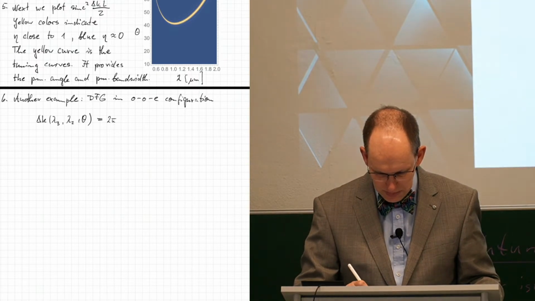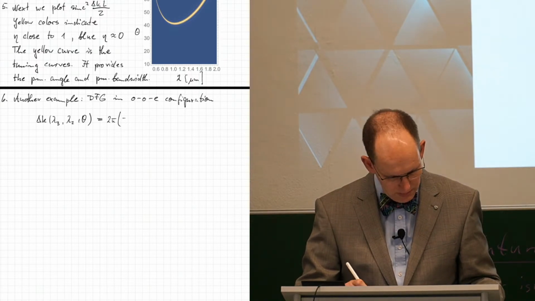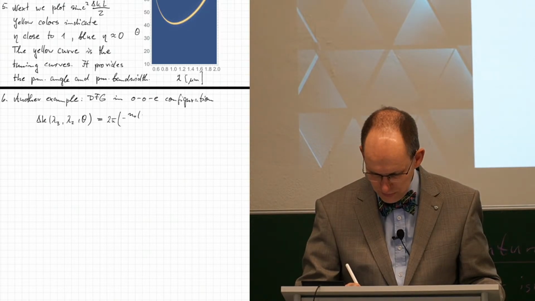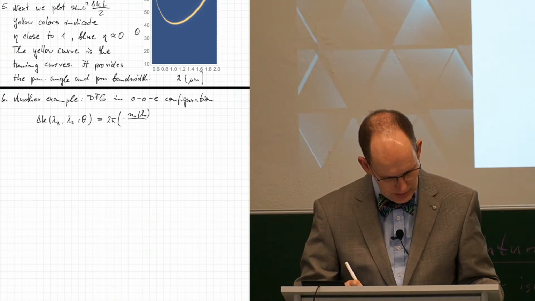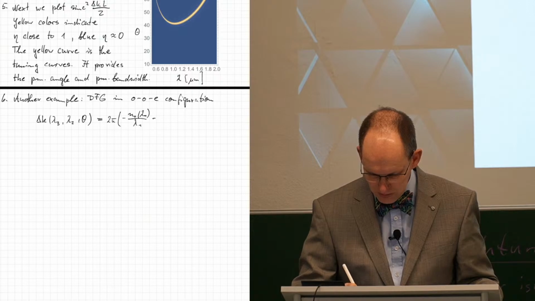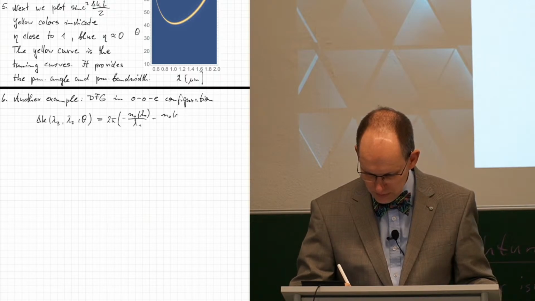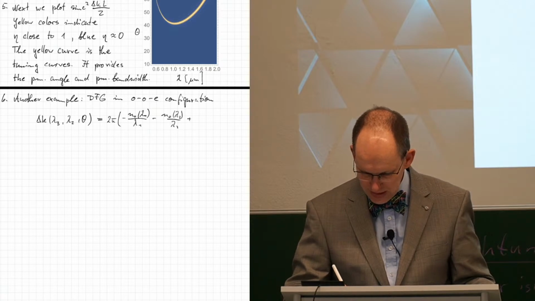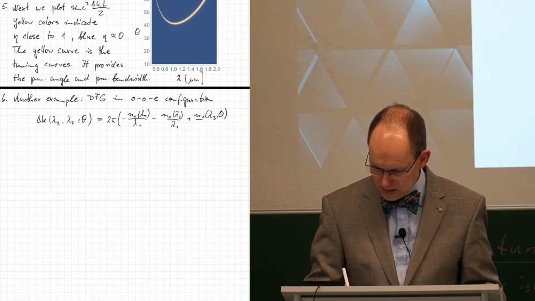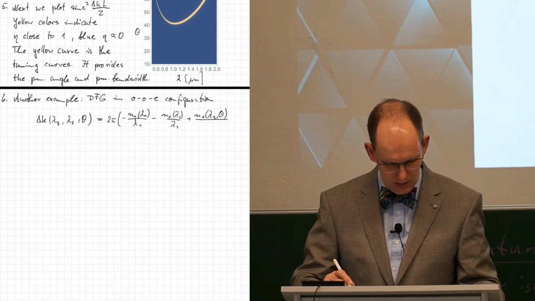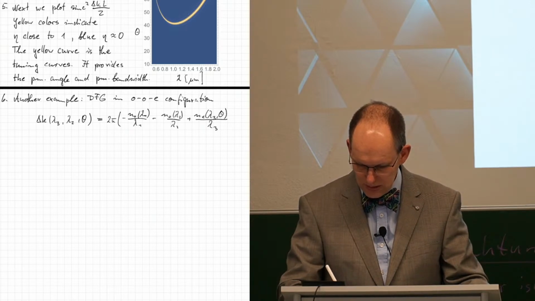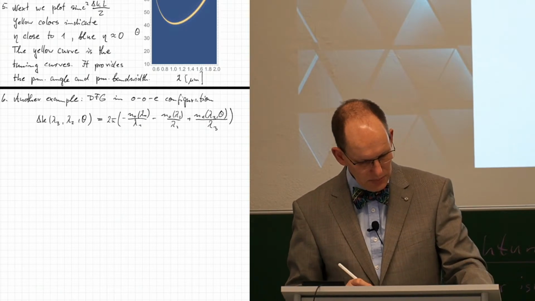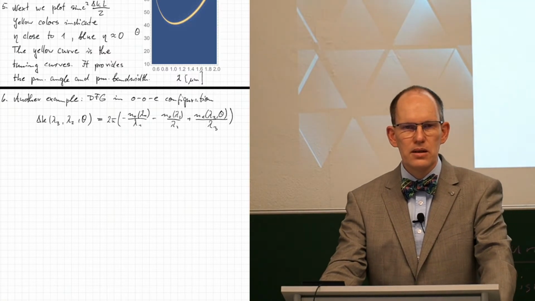So in this case, we would have then 2 pi times minus n_o of lambda 1 divided by lambda 1, minus n_o of lambda 2 divided by lambda 2, plus the extraordinary index of refraction, which of course also depends on the orientation of the crystal, on theta. So we would have this equation.